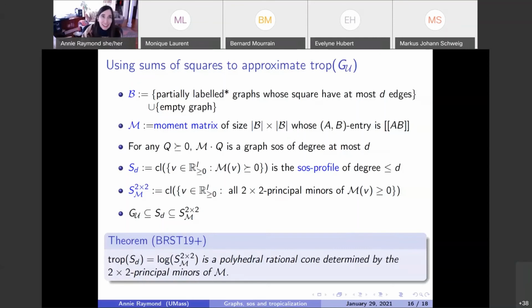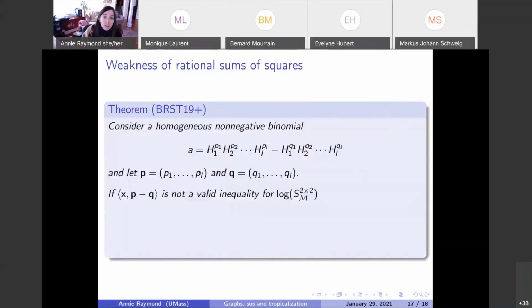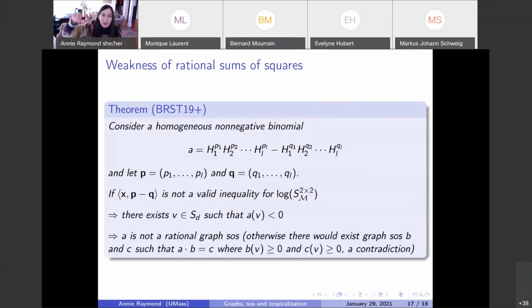And it is enough to help us understand better rational sums of squares as well. So with it, we come up with a way of finding a point that is not a valid inequality for our biggest approximation of the 2x2 minors, and then showing that something is not a rational graph sum of squares.